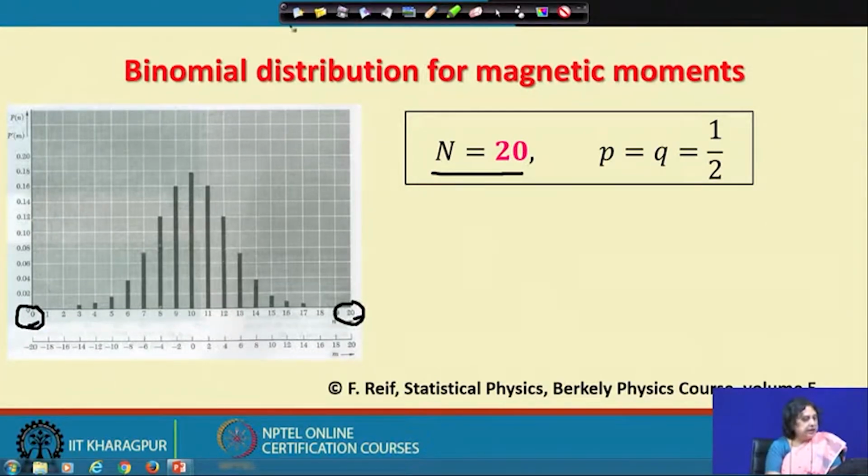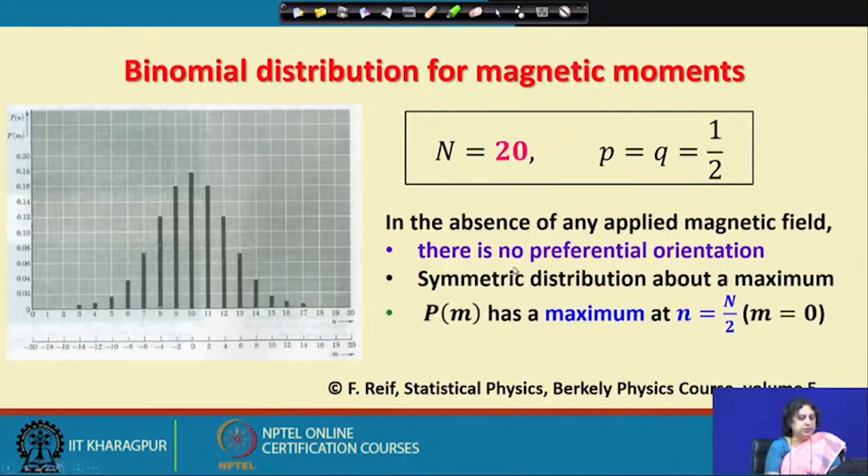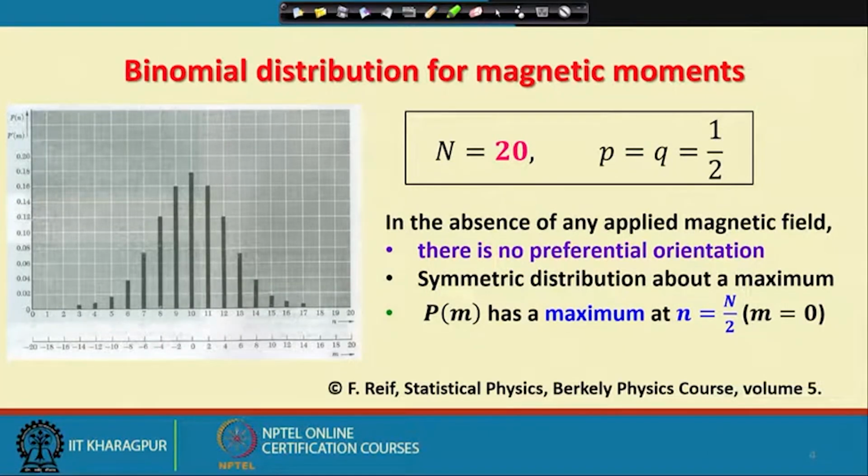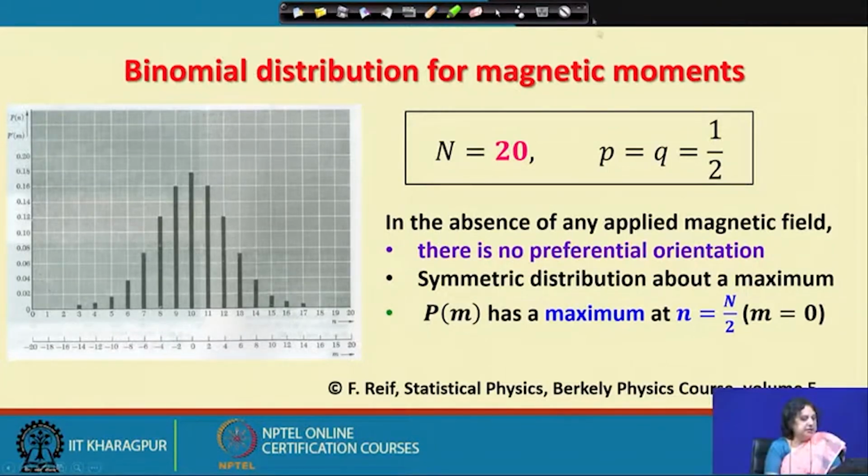But still I have a symmetric distribution, because there is no applied magnetic field and therefore, there is no preferential orientation for any of the sites to have an up spin or a down spin. This is the symmetric distribution about a maximum, and P m, this maximum appears at small n equal to capital N by 2, or in other words where small m is equal to 0.